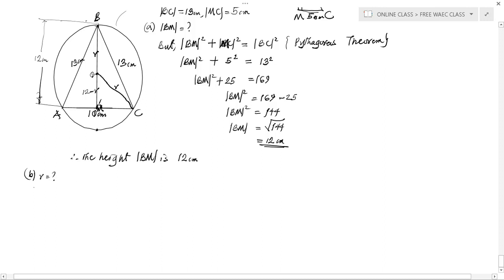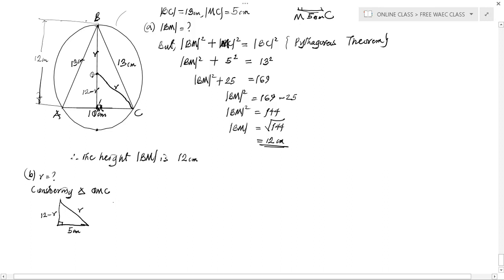We now just say that considering triangle OMC. Look at that triangle. That small triangle there. Here is 12 minus R. Here is R, 5 centimeter.